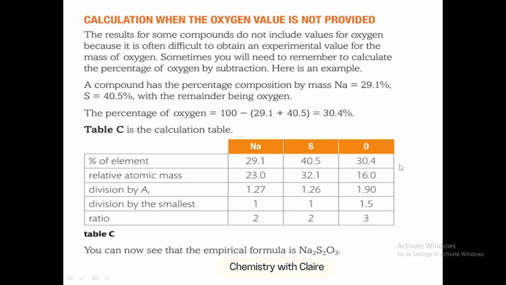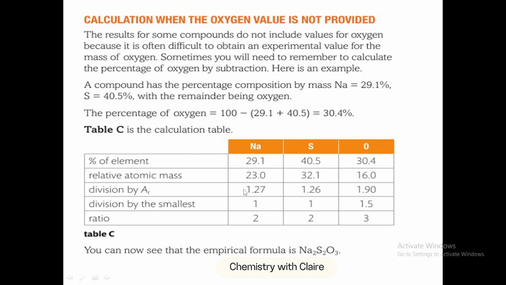This is a similar type of calculation. As I was mentioning here, the percentage of oxygen was not mentioned, hence it was calculated separately to be 30.4 after subtraction of the other two elements from 100. If you look here, after finding the smallest number and dividing it with all of it, the ratio comes out to be 1 is to 1 is to 1.5.